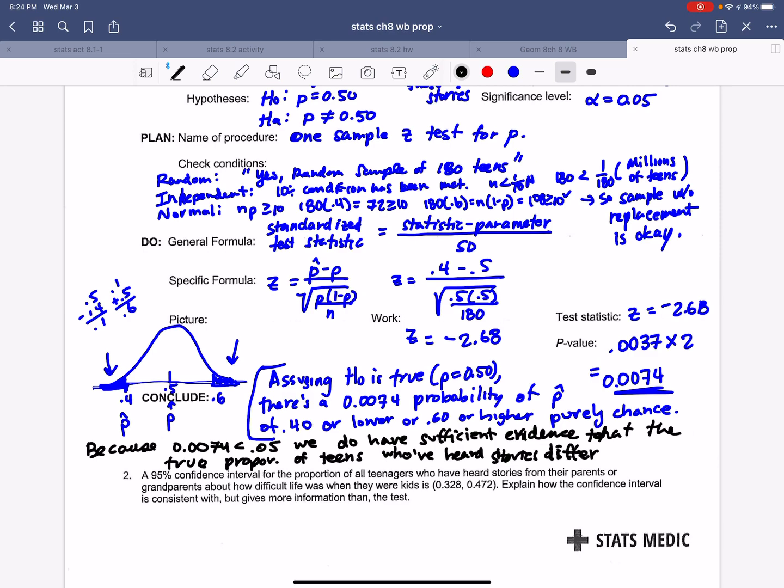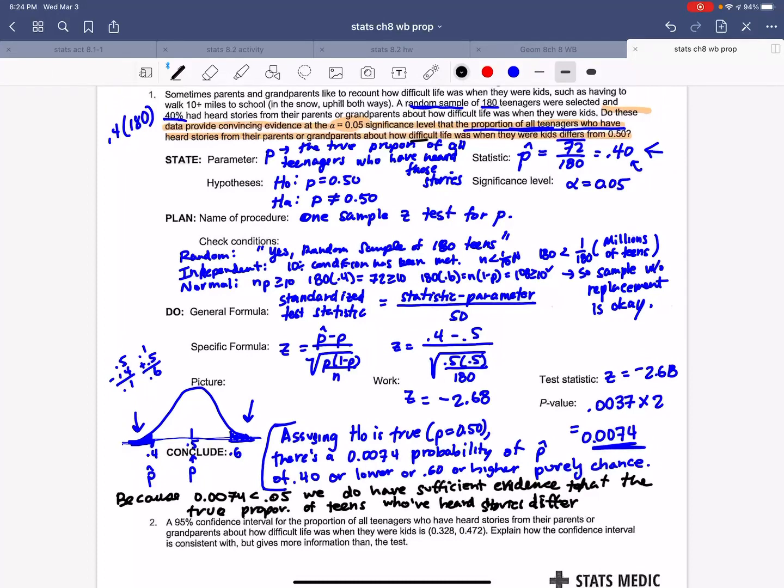That's what our text says. How difficult life was when they were kids differs from 0.5. So definitely it does seem like it would be something other than 0.5.